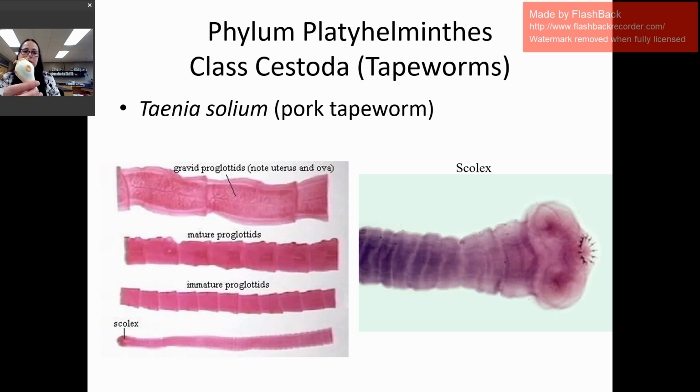There are the hooks and the suckers, and the point of those is that the tapeworms live in the intestine of organisms, so the hooks are going to anchor like that. It's going to anchor the worm inside on the wall of the intestine, and then the suckers are going to help anchoring the worm.